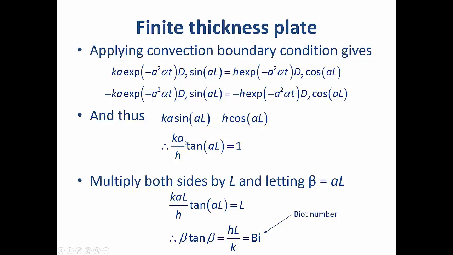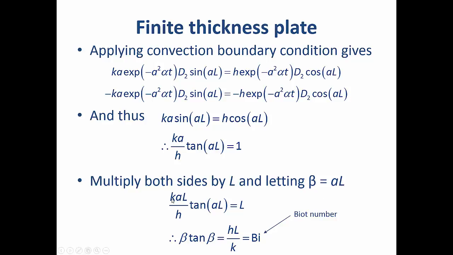And that can be arranged very simply to give us Ka over h times tan of Al equals 1. It's convenient at this point to multiply both sides of the equation by L and also define a new term beta, which is equal to Al.